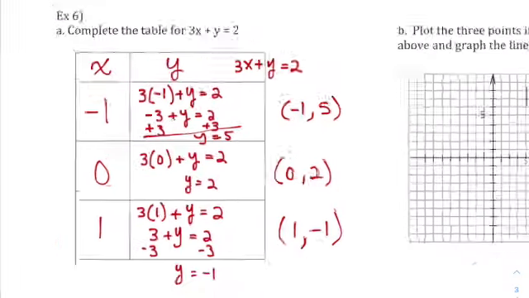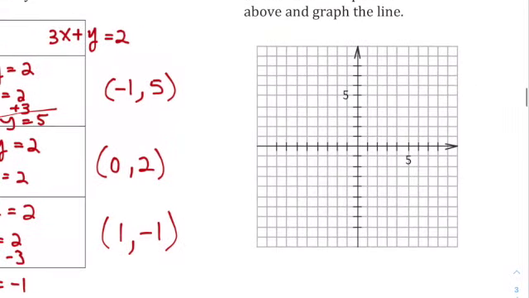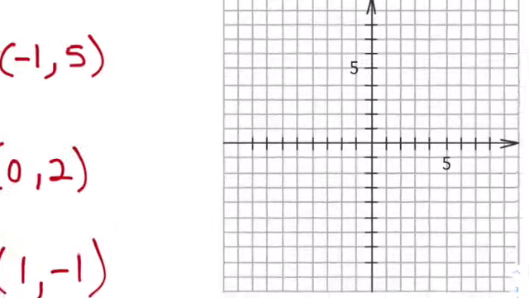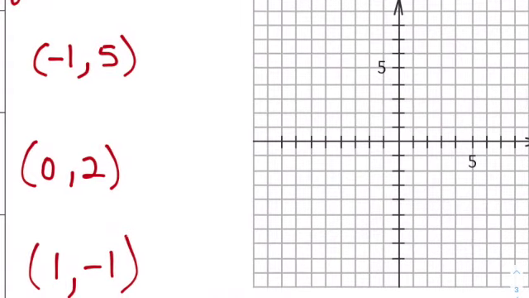So now we're going to plot this. Remember, you walk left and right first, and then you go up and down. So, -1 and 5, right up here. Next thing, 0, 2. Next one, 1, -1. Should probably label them.